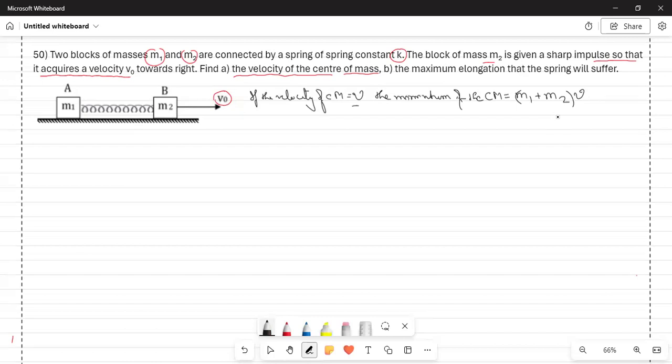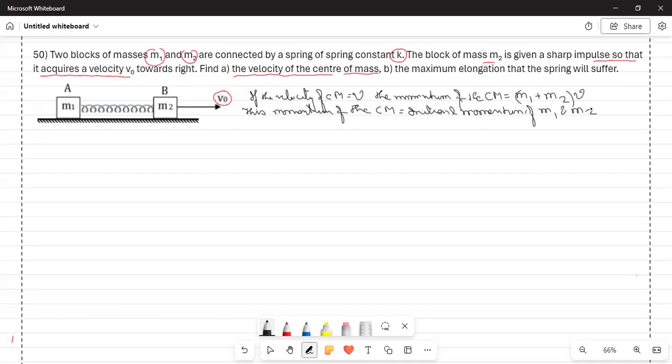And this momentum definitely will be the initial momentum of M1 and M2. So the momentum of the center of mass is equal to the initial momentum of M1 and M2.